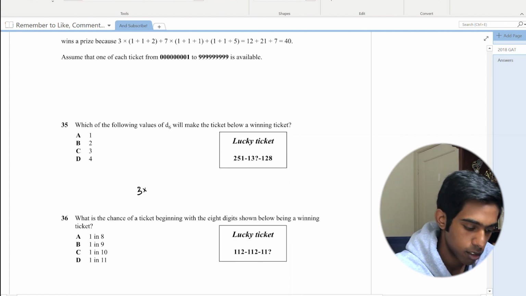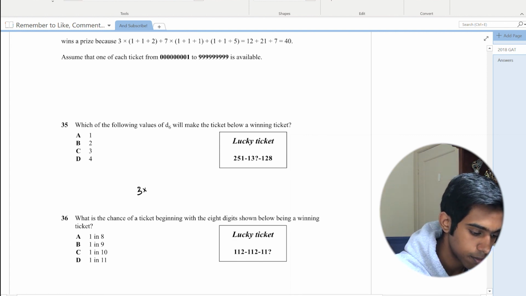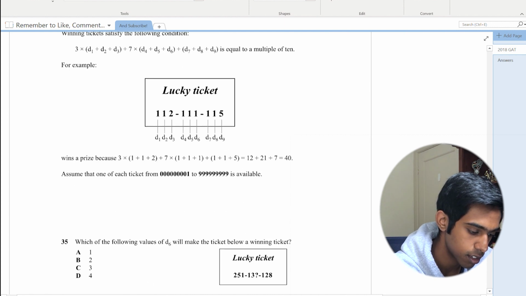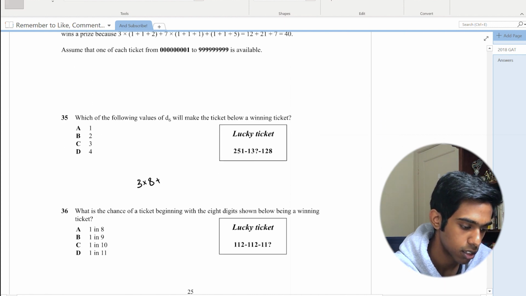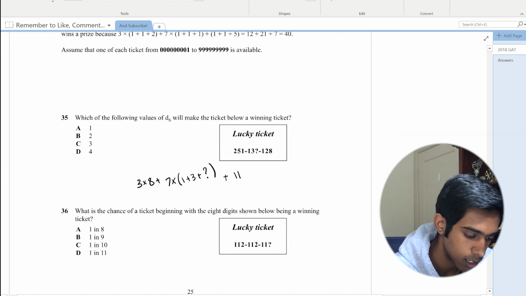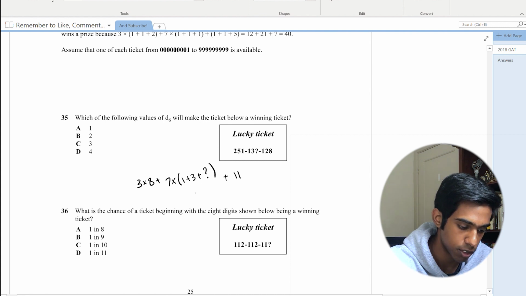So we have 3 times (2 plus 5 plus 1), which is 8, plus 7 times (1 plus 3 plus whatever this number is), plus 11. So 3 times 8 is 24, plus 11 is 33.